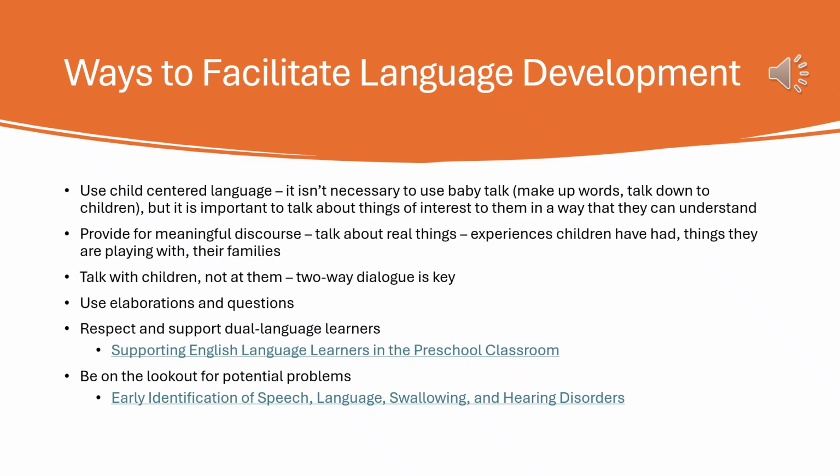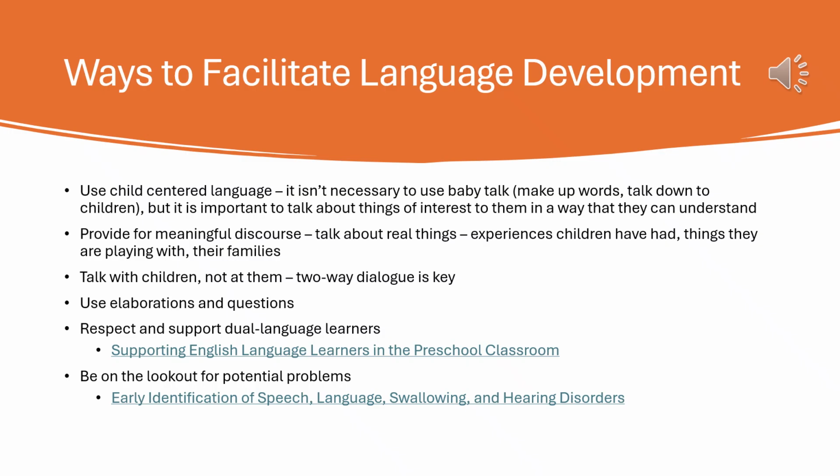As I mentioned before, we need to respect and support dual language learners. So you can learn more about this at the link, Supporting English Language Learners in the Preschool Classroom. And also be on the lookout. Remember, I said that by school age, at very minimum, children should be able to produce speech sounds accurately. By 3, they should be pretty understandable even to unfamiliar adults.